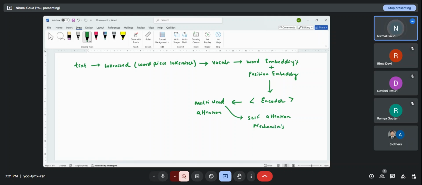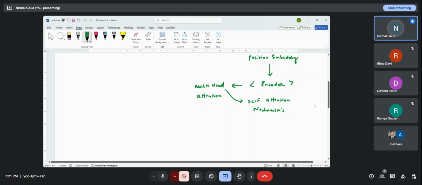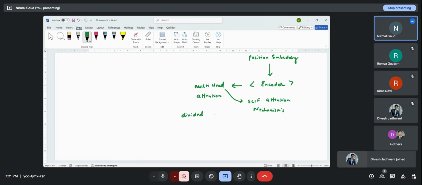So you have multiple self attention mechanisms. Your input given to the encoder, that is your embeddings, is divided into Q K V format.